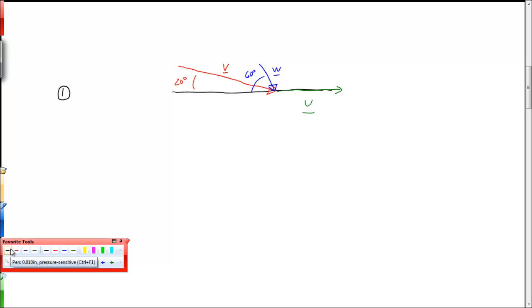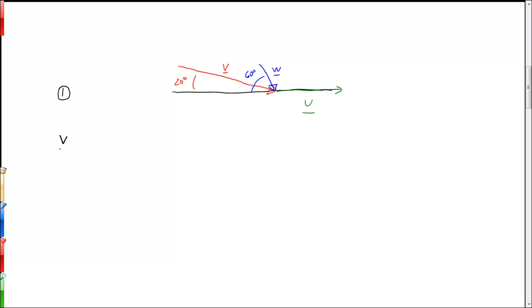And we know that we always specify the absolute velocity to be the velocity of the reference frame plus the relative velocity. And we can write out the components, and we can write that VR is equal to WR because there's no radial component of the U velocity.